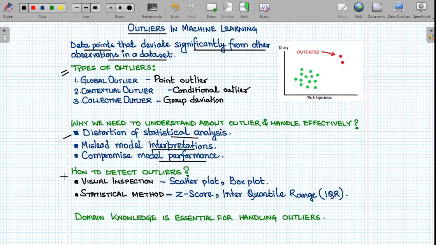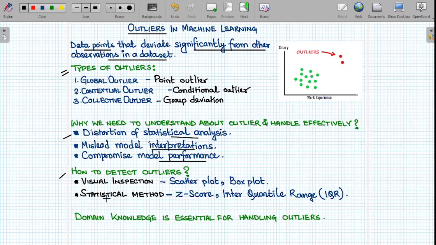Now the question is how to detect outliers. It can be done using visual inspection. For example, using scatterplot and boxplot, we can easily identify if there are some outliers in our dataset. However, using visual inspection, we will not be able to pinpoint the entries in our dataset which are outliers.